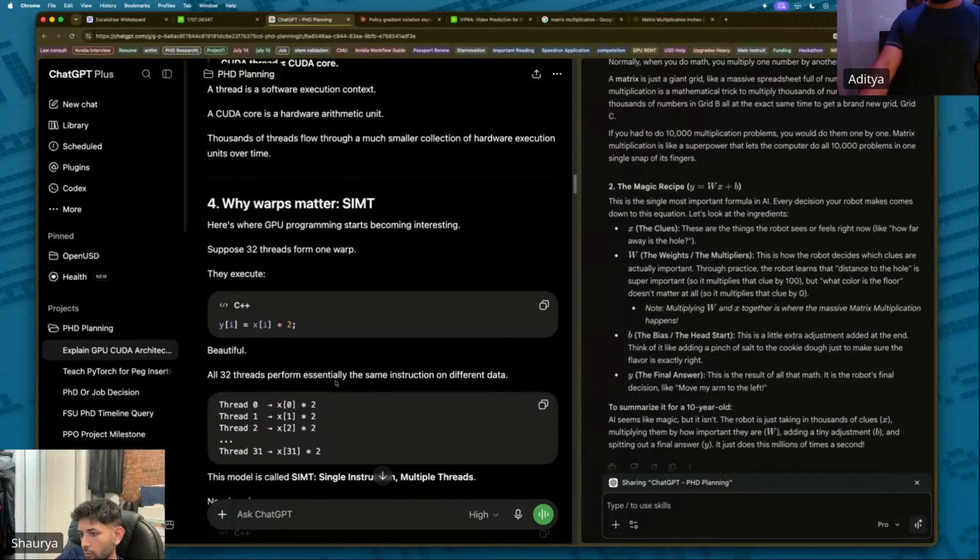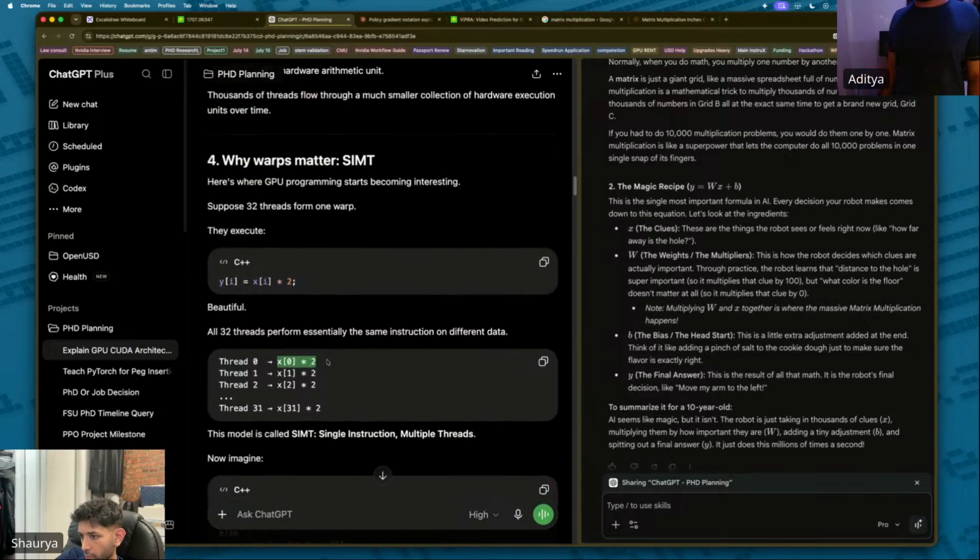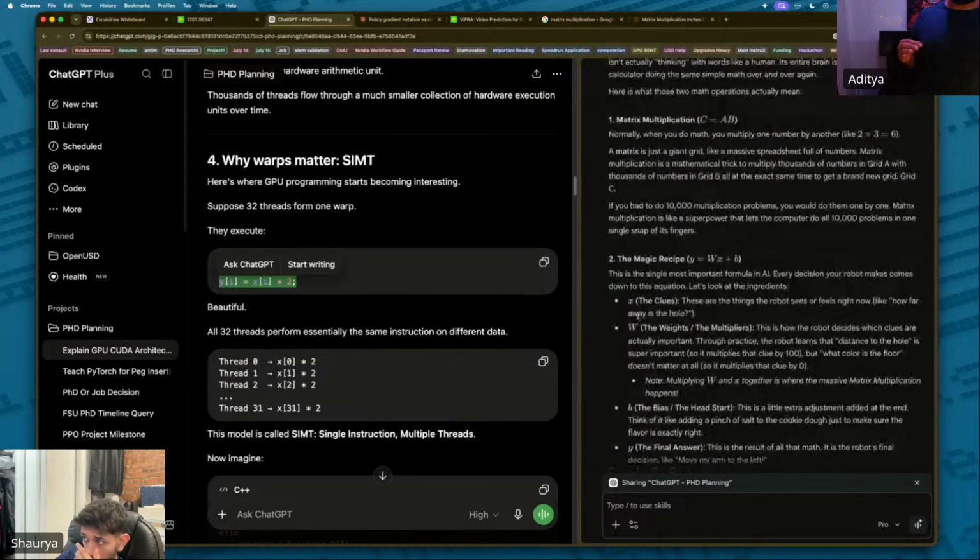So each thread is doing a single multiplication, and you have 32 threads running synchronously in parallel.